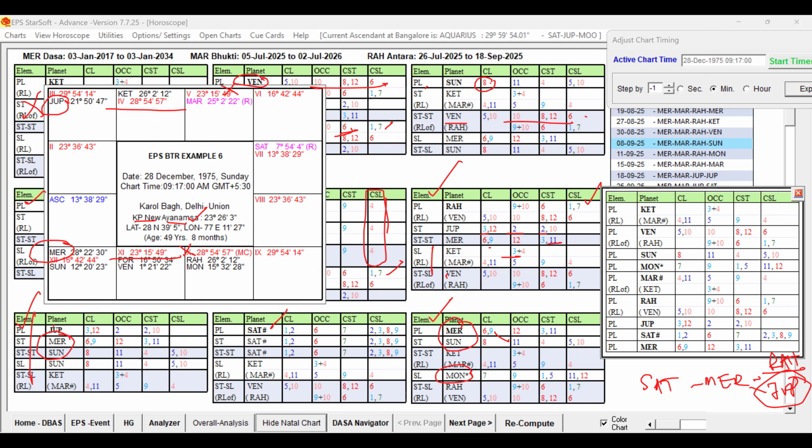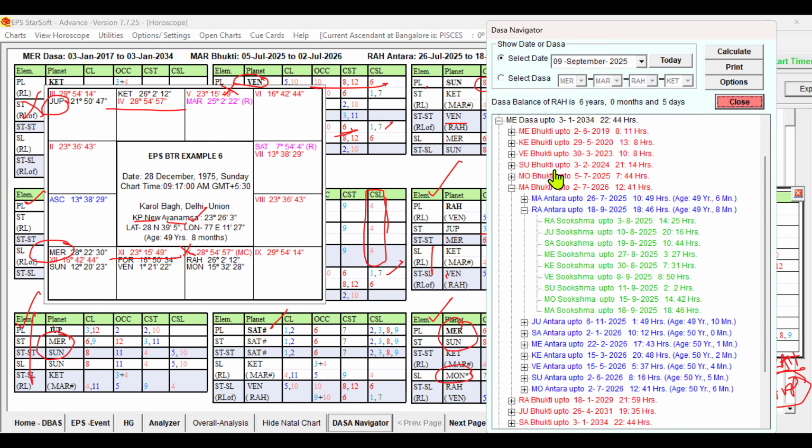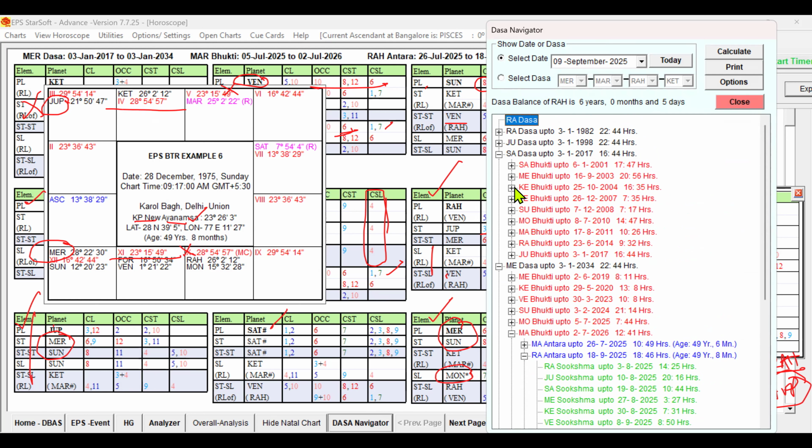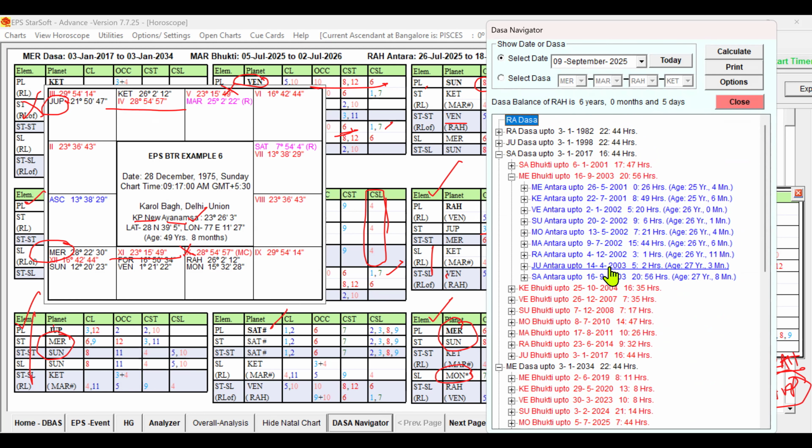Let us check the birth details. That Dasa Navigator, let us check. Mercury Dasa, sorry, Saturn Dasa, Mercury Bhukti, and 4/12/2002. So he got married in 9th December. When I adjusted the birth time, the Rahu Antra was earlier up to January, I hope so.